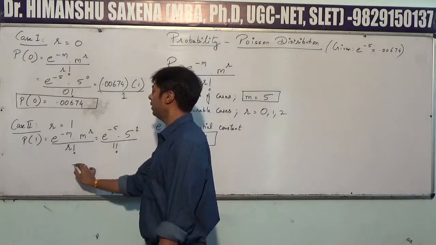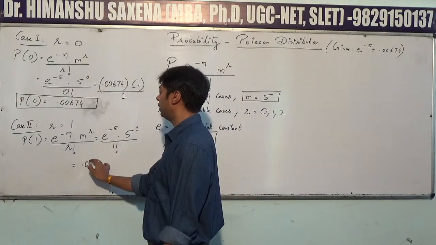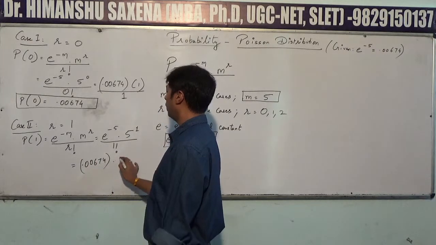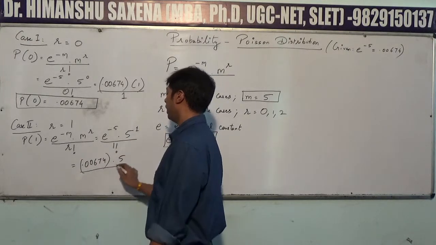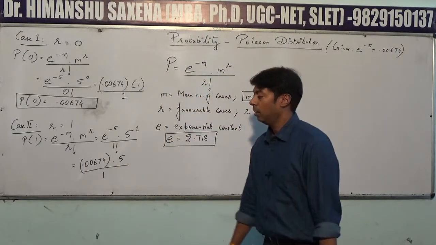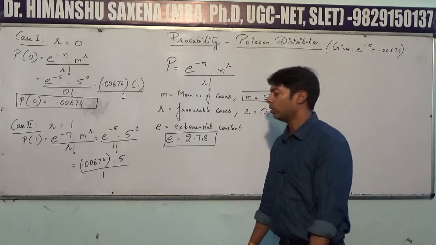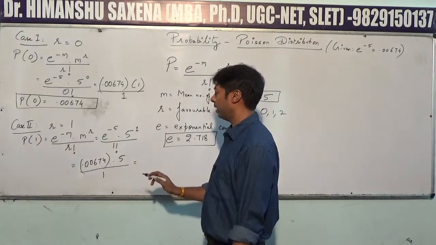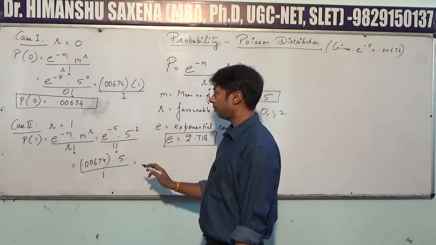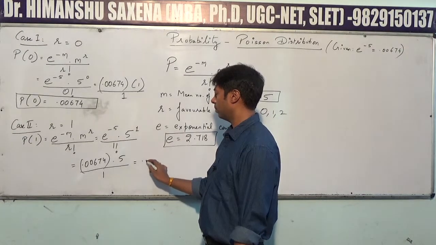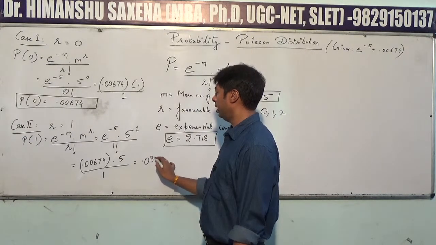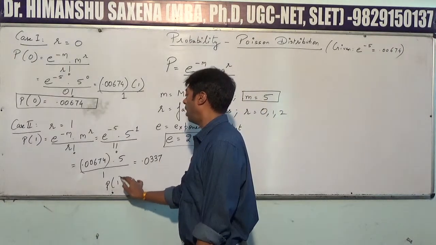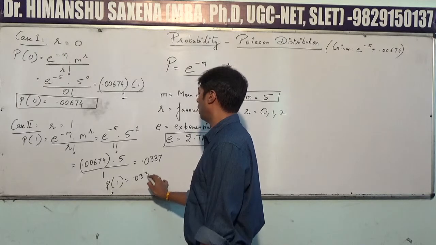Further solving this, e to the power minus 5 is 0.00674. 5 raised to the power 1 is always 5 and 1 factorial is 1 only. So solve 0.00674 multiplied by 5. How much do you get? 0.0337. This is the value when r is equal to 1.